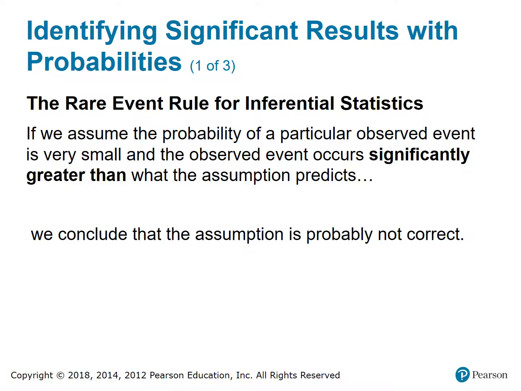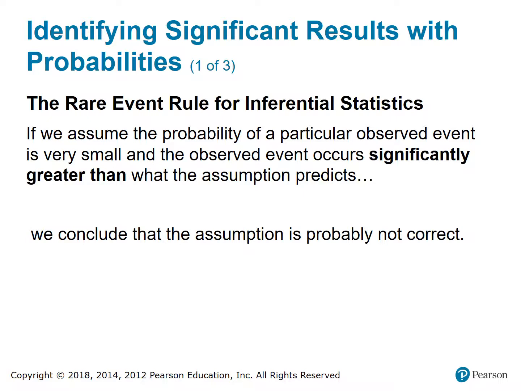Okay, so rare events. And again, if you refer back to earlier in the lecture, we talked about 5% chance being our threshold for an unlikely event. But again, that is not a rigid number to go by, but is a loose rule of thumb. If we assume the probability of a particular observed event is very small, and then we find that the observed event occurs significantly greater than what the assumption predicts, well, then you have to update your assumption.